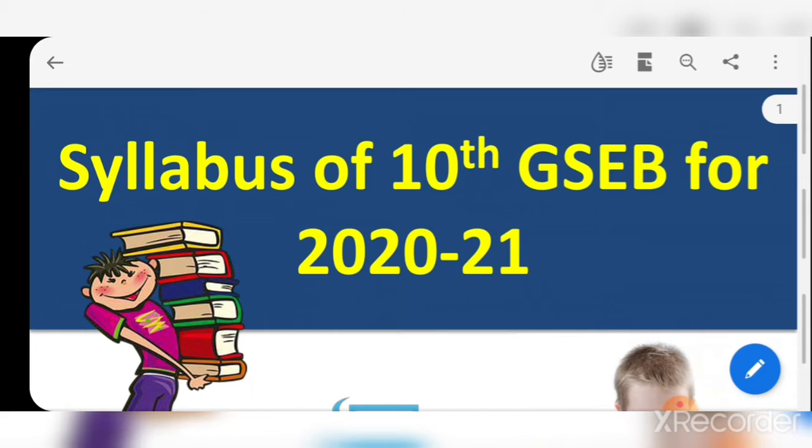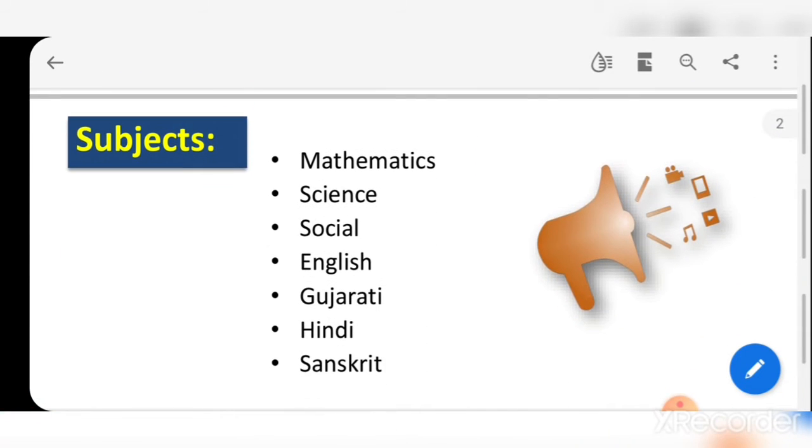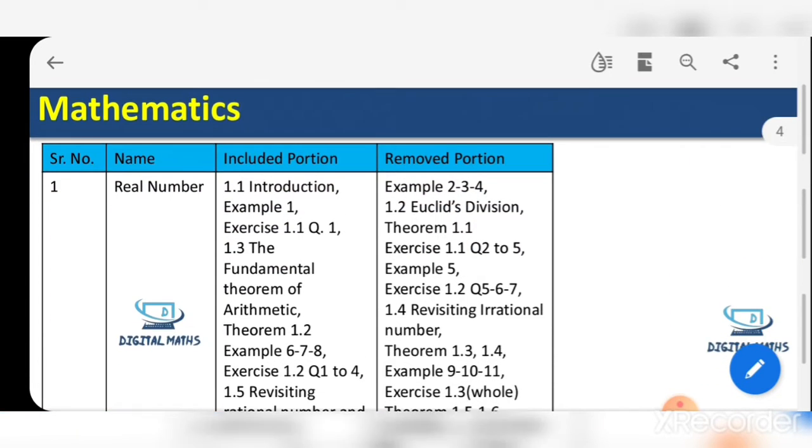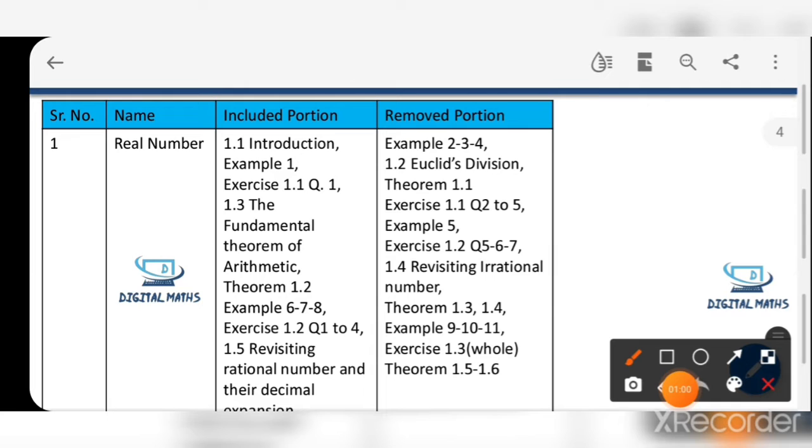Now we have to see here in mathematics chapter number 1, real numbers. What is the included portion, and here is given the removed portion. In real numbers, what is included?